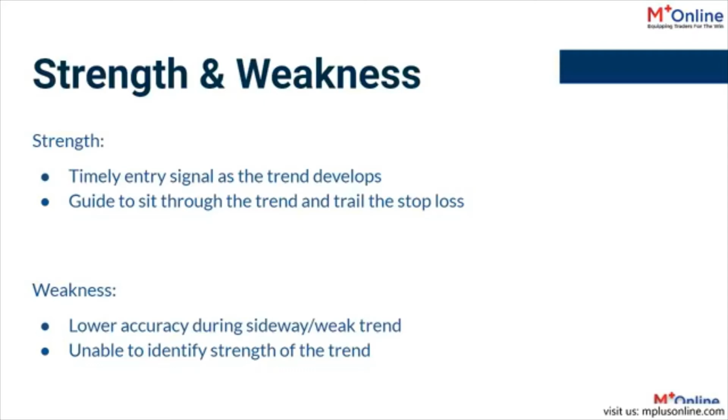Okay. And another weakness about Parabolic SAR is it is unable to identify the strength of the trend. So whenever there is an entry, you might have to jump in. So in the process whereby it was going sideways, it was a weak trend, then you will have multiple: you buy, you cut loss, you buy, you cut loss, you buy, you cut loss.